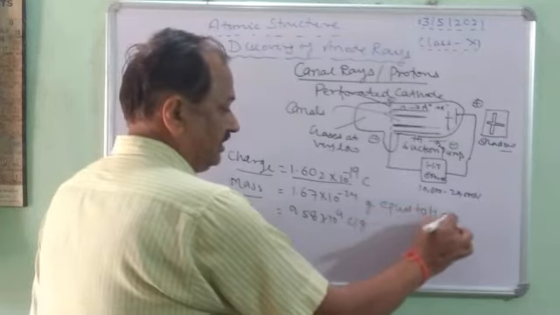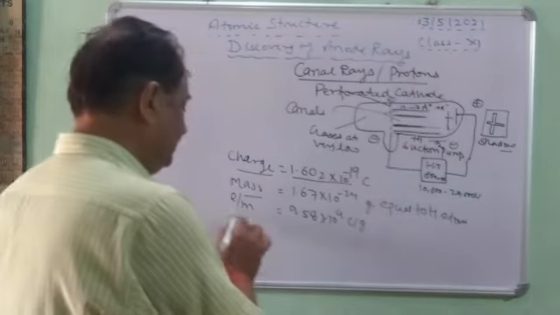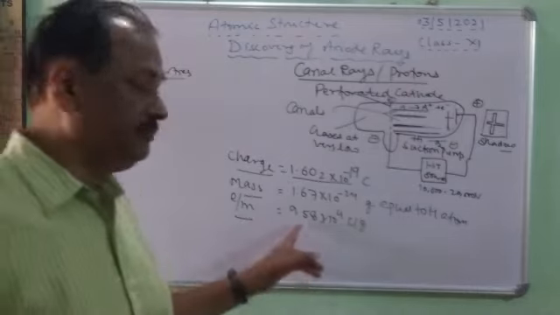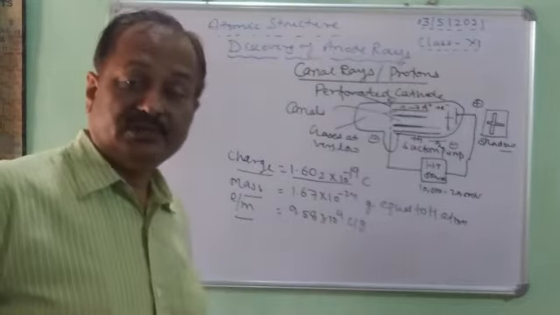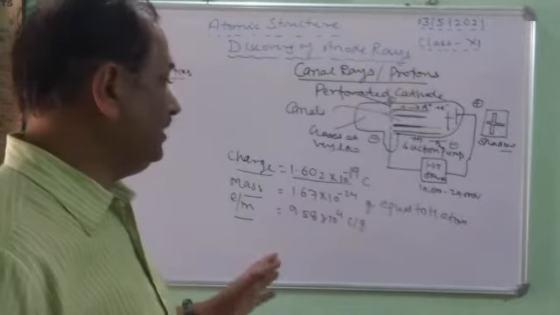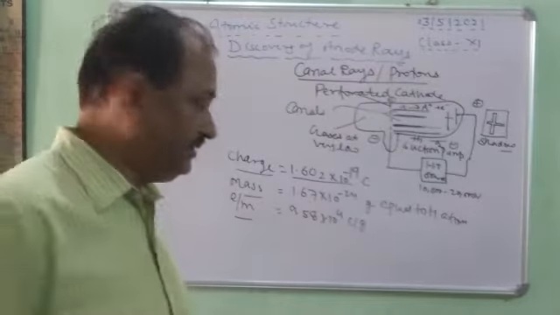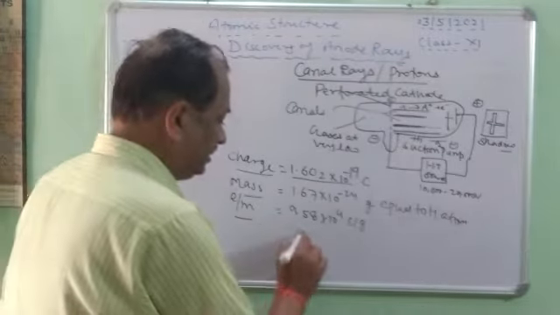And the e/m ratio, see, is 9.58 × 10^4 coulomb per gram. So it is very high, and as a result, it is variable. This e/m ratio is for hydrogen and is variable.